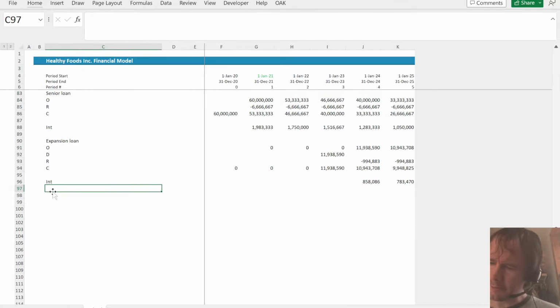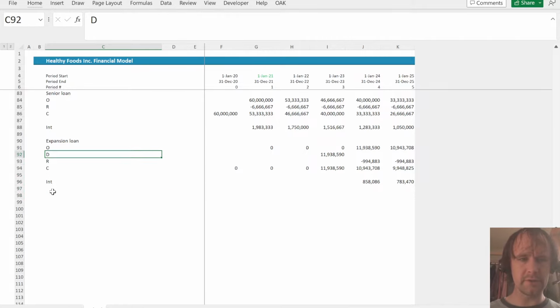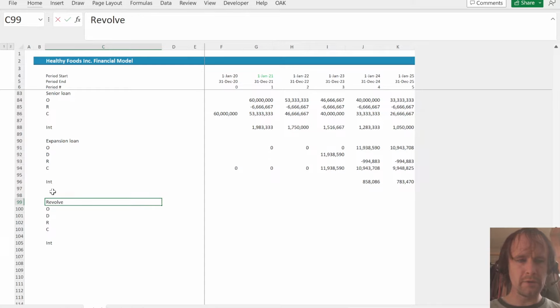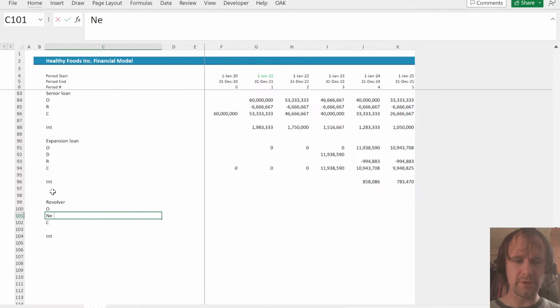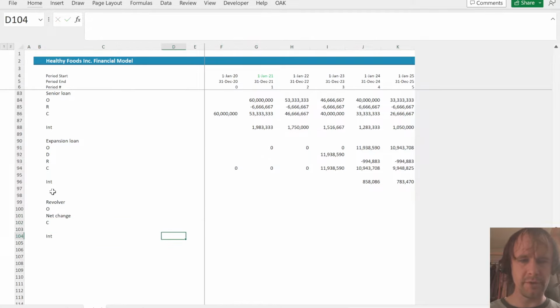And then there's a revolver, which we don't need until the end, so I'm not going to touch it for now. I guess I should actually touch it, at least to set it up. Revolver. So again, opening, draw, repayment, just call it net change. Closing, interest.